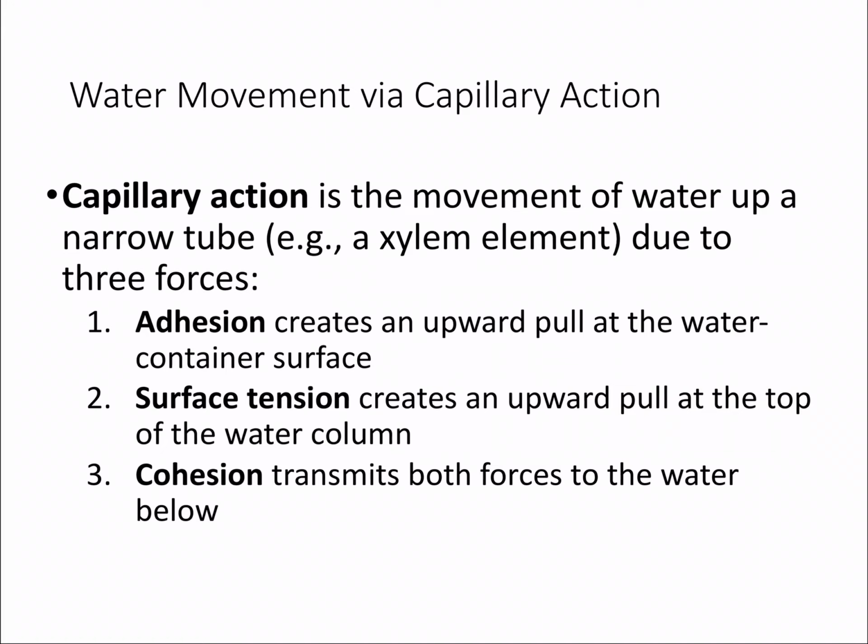The collective action of adhesion, cohesion, and gravity are responsible for the formation of the surface boundary in plants, where we're going to see these narrow tubes. So really, in terms of how water moves, it's a collective action of these three things: the forces that exist between water and air.